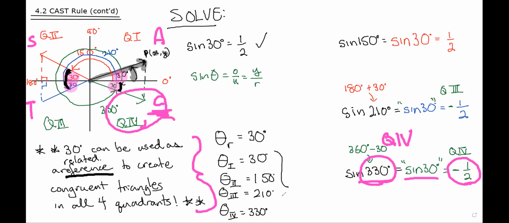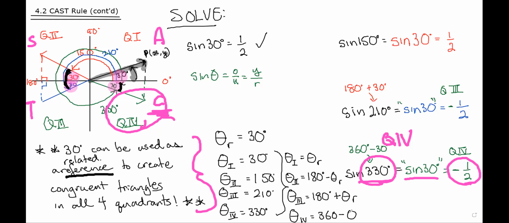Is there a way that I can write a general formula for all this? Yeah. For quadrant 1, the angle that I'm dealing with is the same as the reference angle. In quadrant 2, if you want to find the angle in question, it's actually 180 subtracted by 30, the reference angle. Quadrant 3, that is actually 180 plus 30 degrees, the reference angle. And quadrant 4 is 360 minus 30 degrees, 360 minus the reference angle.